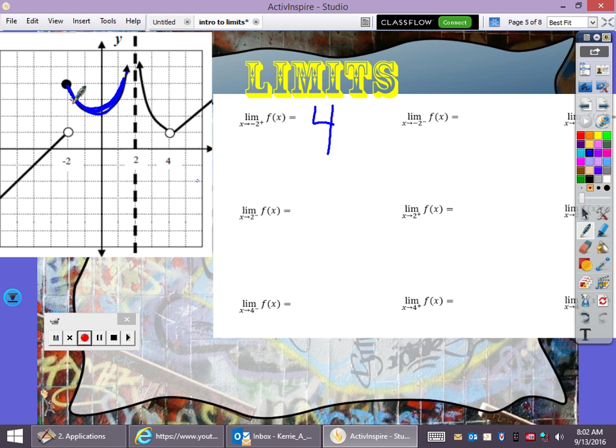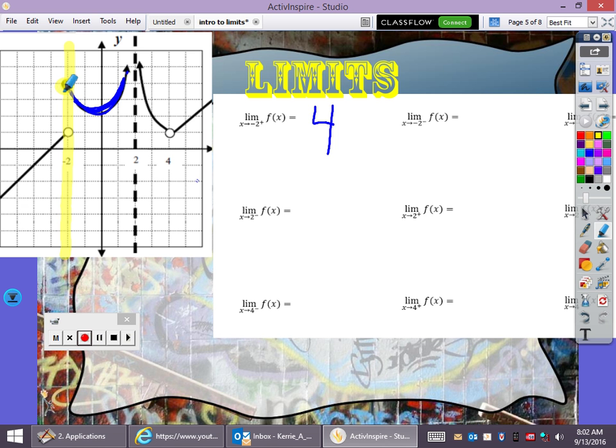All right. So let me take out a highlighter. -2, yes? On the right-hand side, trace the graph from the right. I traced it. It ends there. What is the y value of that end point? 4. That's where the 4 comes from.